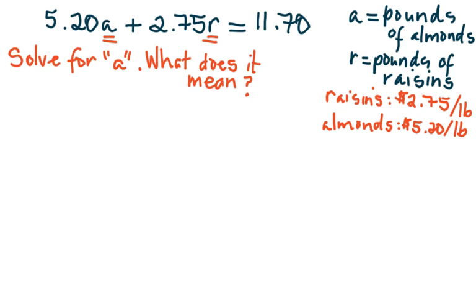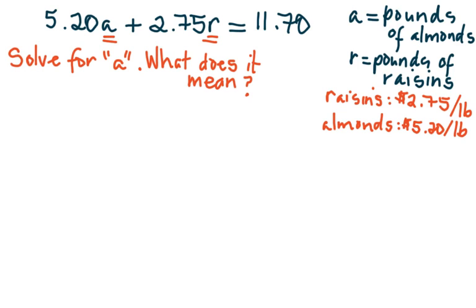It said 5.20a plus 2.75r is equal to 11.70. Basically, somebody went to the store and bought almonds and raisins, and they spent a total of $11.70. And it asked you in the problem to solve for A and then explain what A meant.